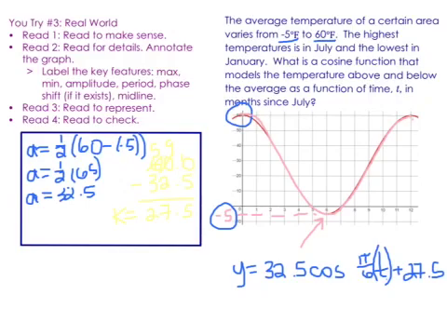So our period, if we jot down here, is 12, and jot down here is 0. And so this actually was just like the problem I did. So we can say our period is 12. So 12 is equal to 2 pi over b, and we can solve for b. Remember, we throw that 12 over 1, cross multiply, and that's how we find that b is equal to pi over 6.